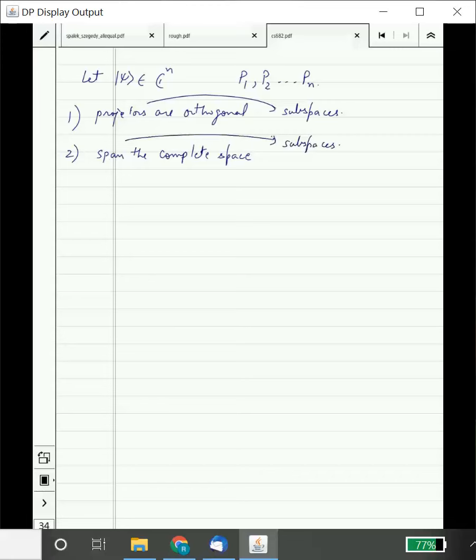If we have a set of these projectors, then we would like to say that either our output would be P1 psi or P2 psi or Pn psi. This should be our output, and what should be the probability?